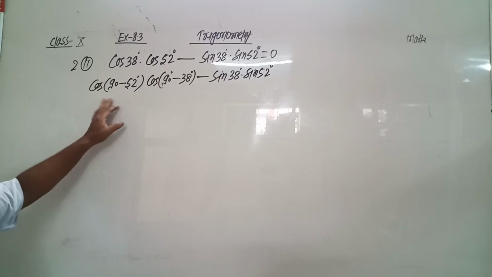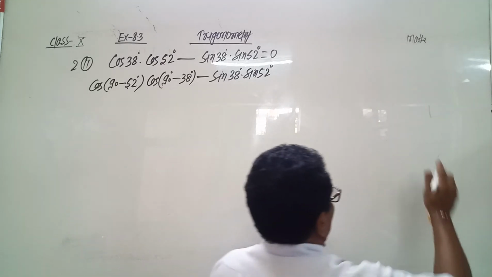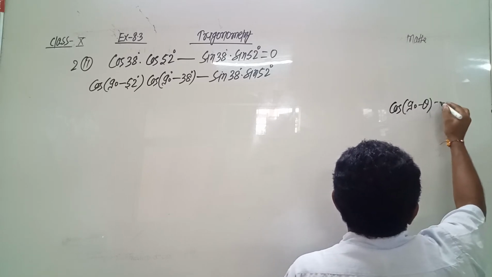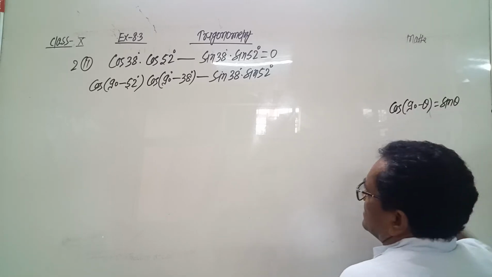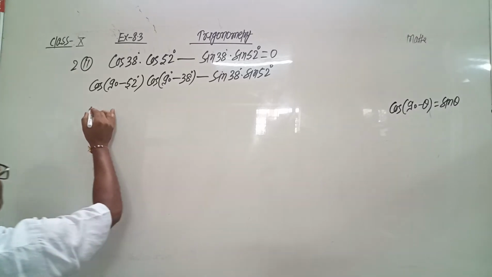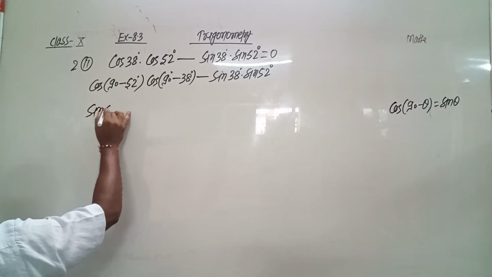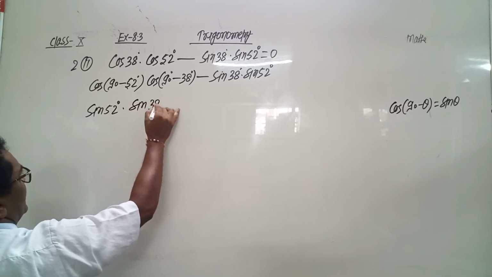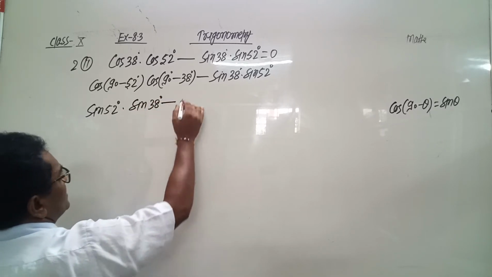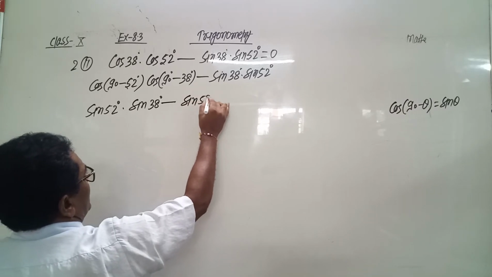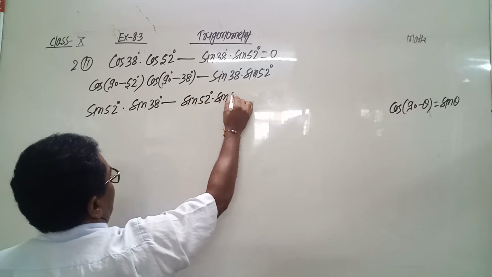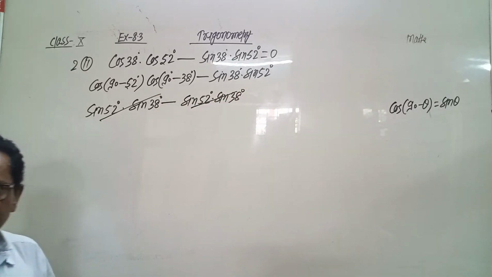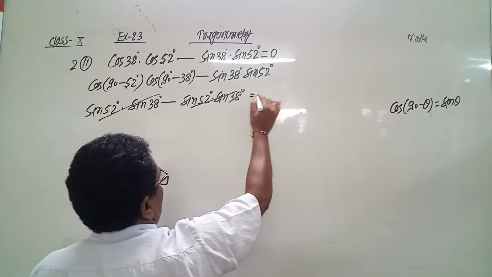You know the formula for cos (90 minus theta): cos (90 minus theta) is equal to sin theta. So this becomes sin 52 degree into sin 38 degree, and minus sin 52 degree into sin 38 degree. Both the like terms in plus and minus get cancelled and the result comes to be 0.